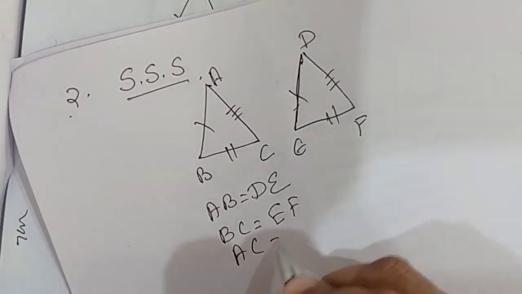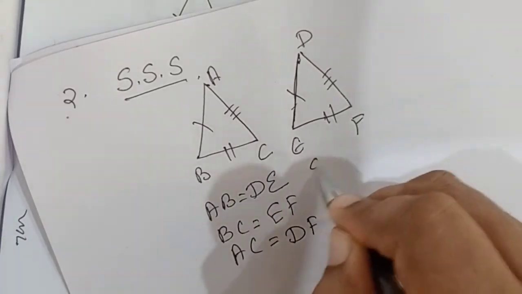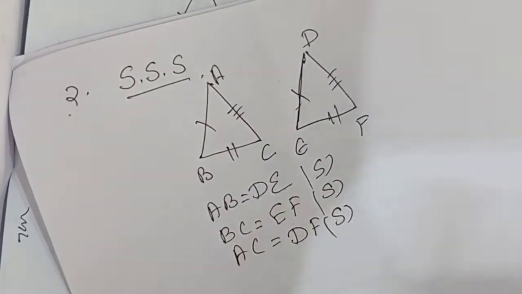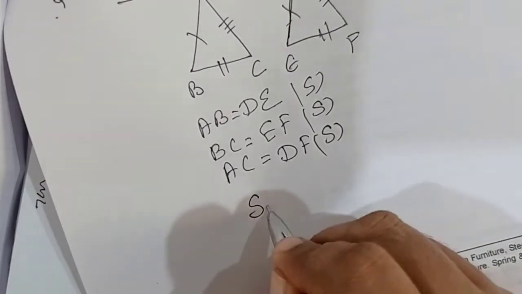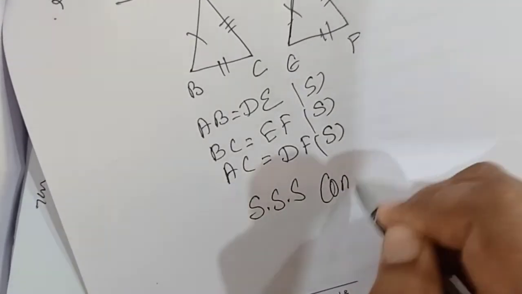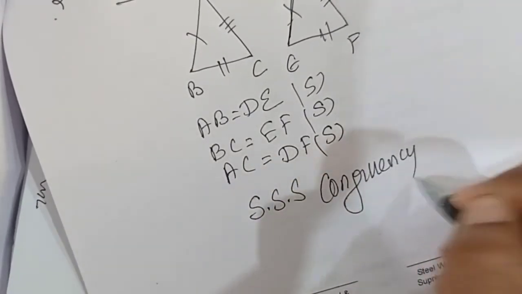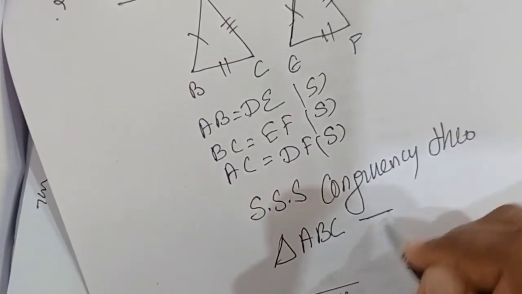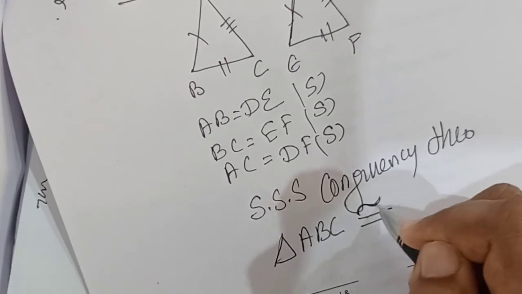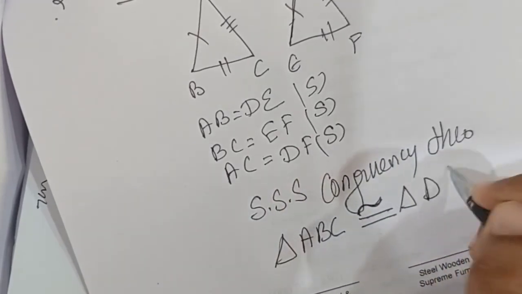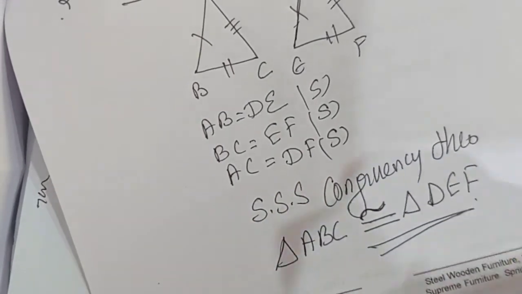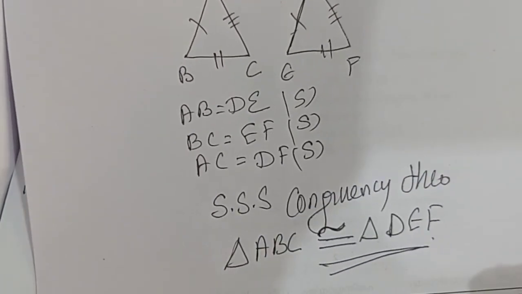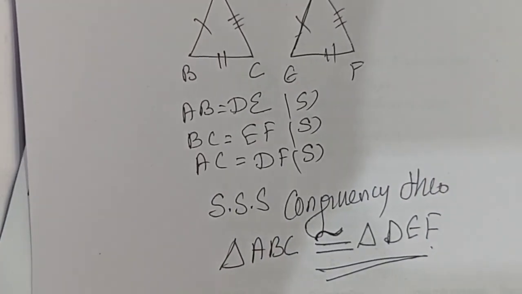And AC is equal to DF. Therefore, by the SSS congruency theorem, triangle ABC is congruent to triangle DEF. This is the congruent symbol.